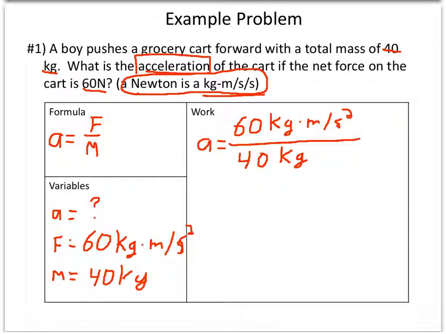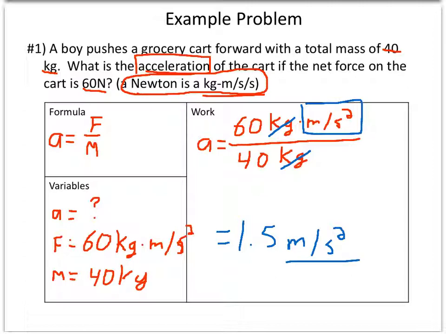When I take 60 divided by 40, I'm going to get 1.5. A kilogram divided by a kilogram, those cancel out, so I'm left with meters per second squared as my units. And that sure does make sense, doesn't it, that I end up with meters per second squared when I'm trying to calculate acceleration in the first place. So the acceleration is equal to 1.5 meters per second squared.